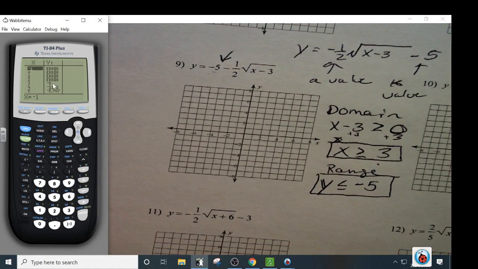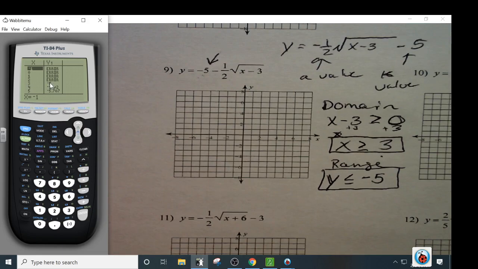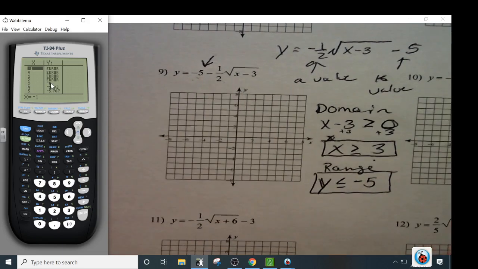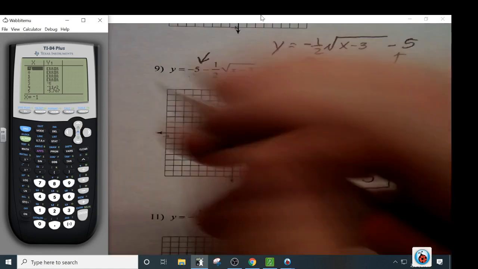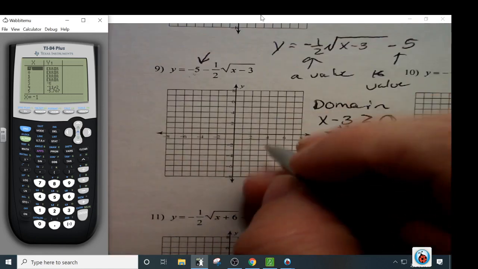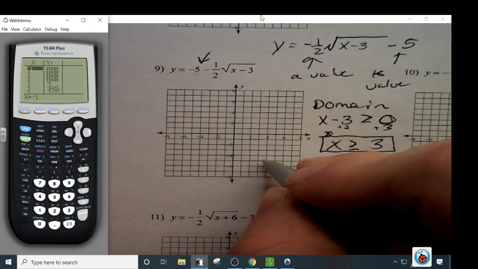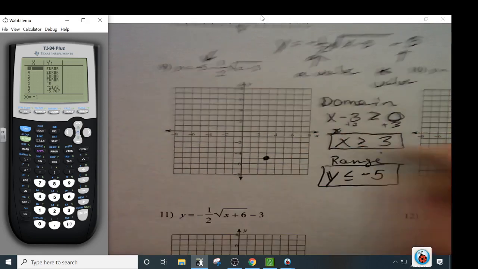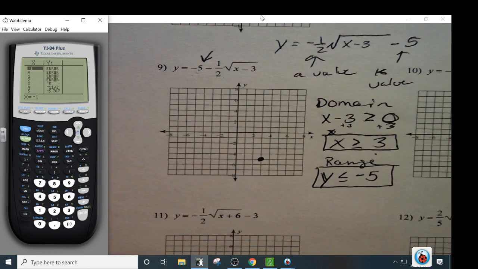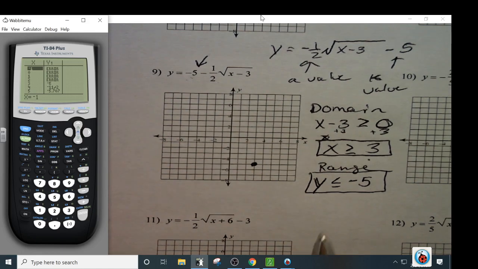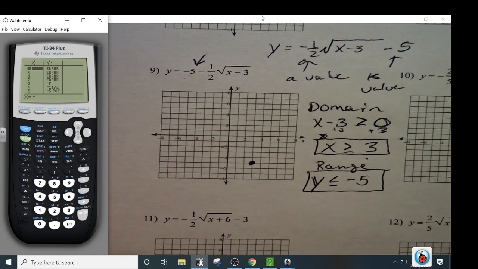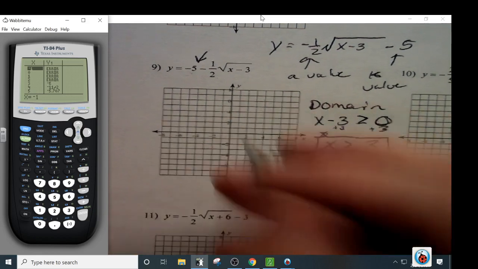Now, guys, the point here, 3, -5, what did I call it on my last graph? Starts with an O. Origination point, right? So 3, -5 is my origination point. Now, since I have my origination point, can I do my transformations now?